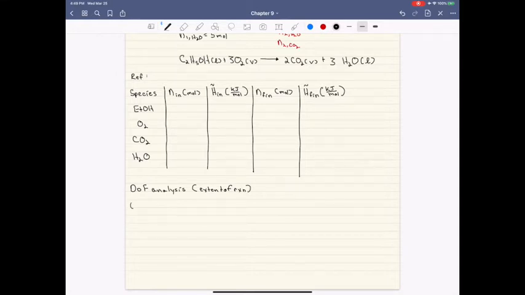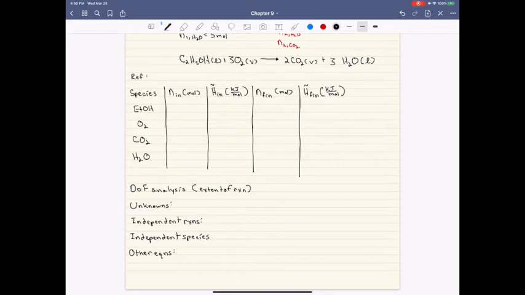For this degree of freedom analysis, what we need are the number of unknowns, number of independent reactions, number of independent species, and other equations. Okay? Now I want you to pause the video and identify the number of each of these 4 different classes.